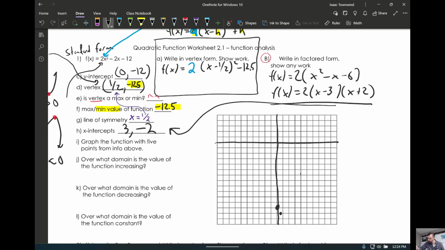I could graph the 2 x-intercepts. The directions say graph the function with 5 points from above. Oh, I know where one more point will come from.